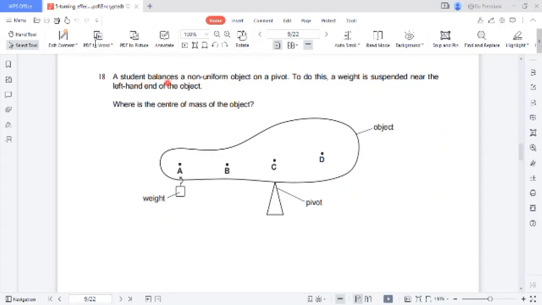A student balances a non-uniform object on a pivot, like this is the balancing point. To do this, a weight is suspended near the left hand side. Where is the center of mass of the object?